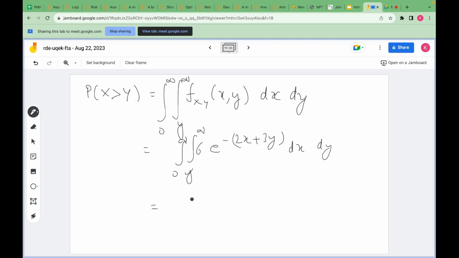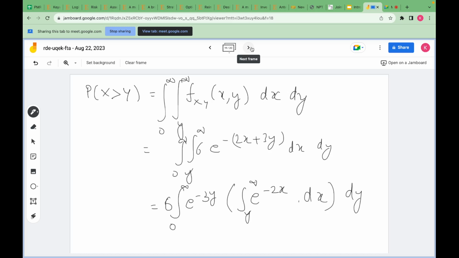We will bring these two terms out. I will bring this 6 out, and this e to the power minus 3y out, and integrate this e to the power minus 2x dx from y to infinity.